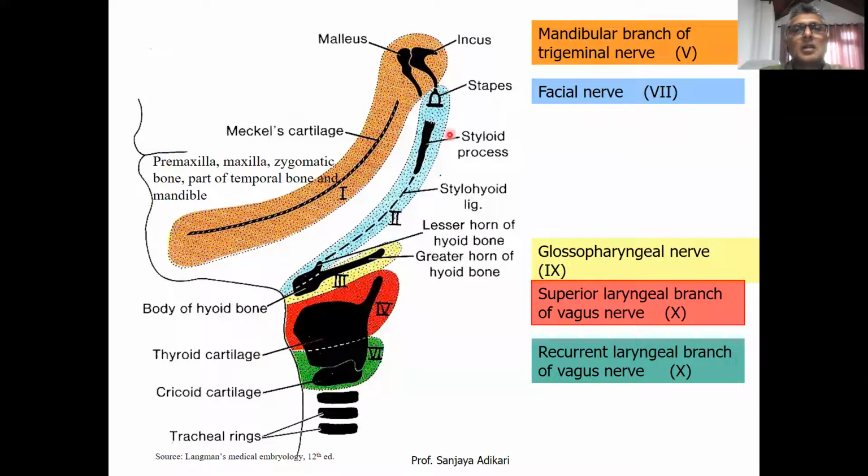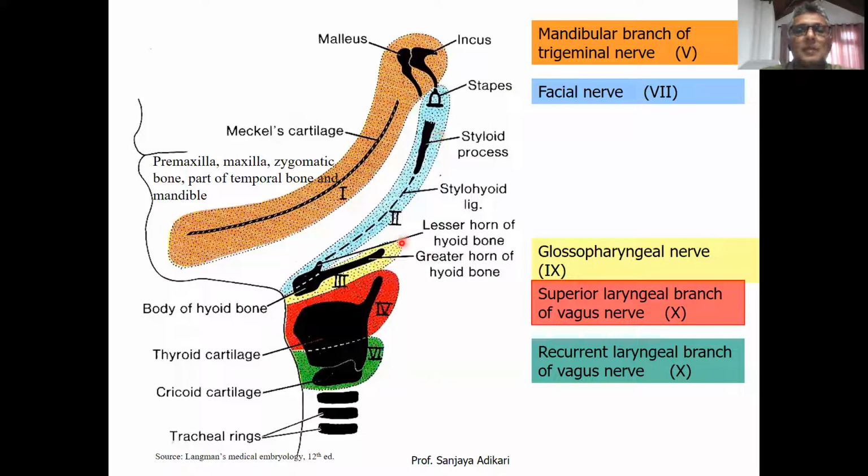Then bones like stapes, a middle ear ossicle, the styloid process, stylohyoid ligament, and lesser horn of the hyoid, though that part is not very important, and the muscles of facial expression all develop from the mesodermal core of the second pharyngeal arch, and the arch nerve is the facial nerve. Therefore, all these are supplied by the facial nerve.